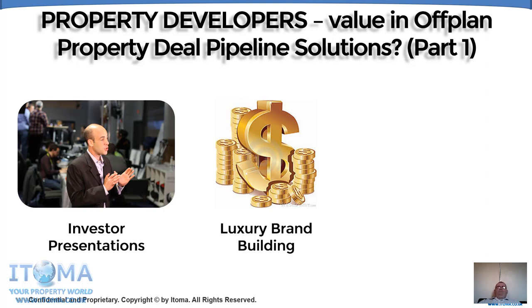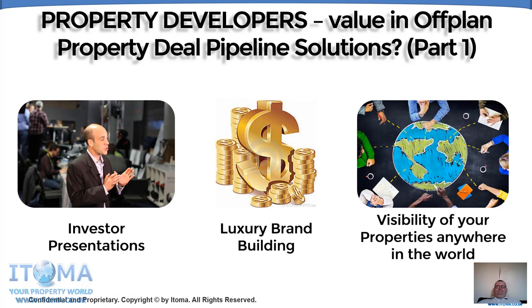Point number two, it means that you can use this sort of presentation to visualize it to any sort of financing parties you might be working with, whether that's investor, whether that's a bank. You can use exactly the same animation for both sales as well as financing. Third of all, thanks to the power of internet and the digital side of our solutions, you can present your properties anywhere in the world.